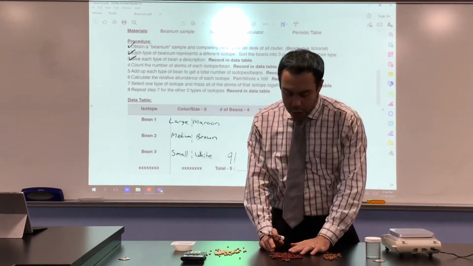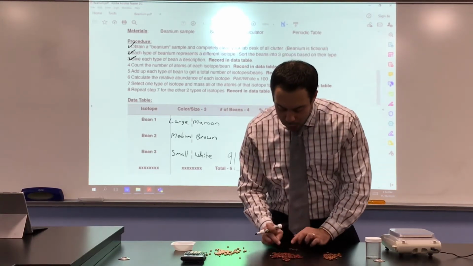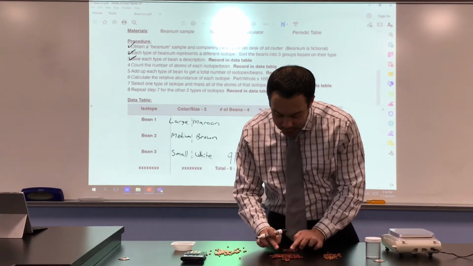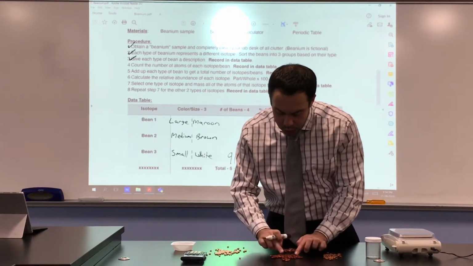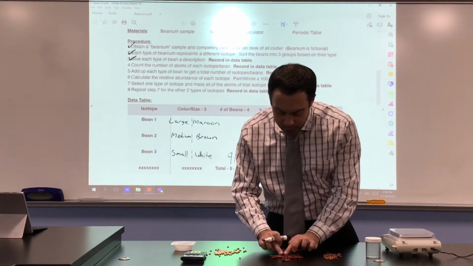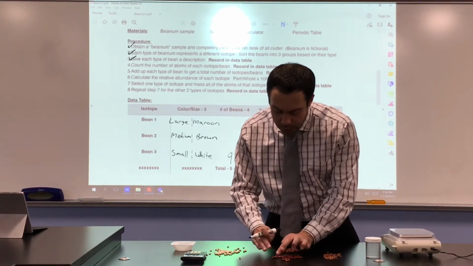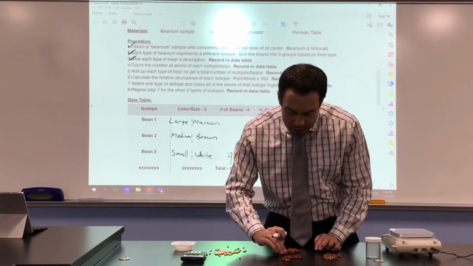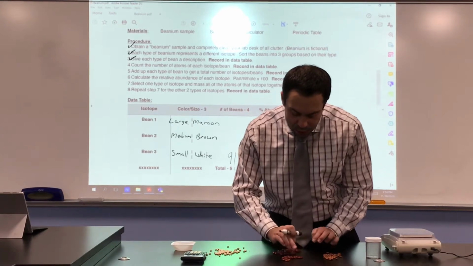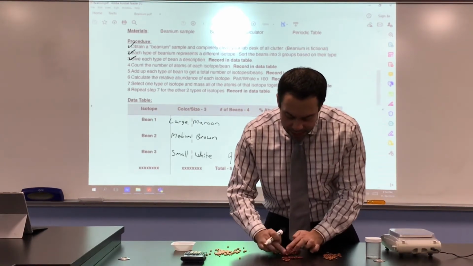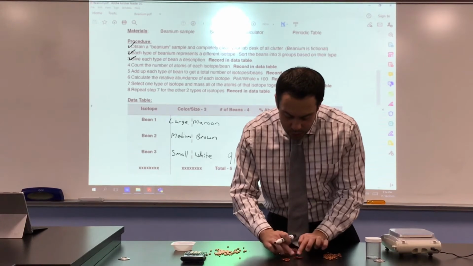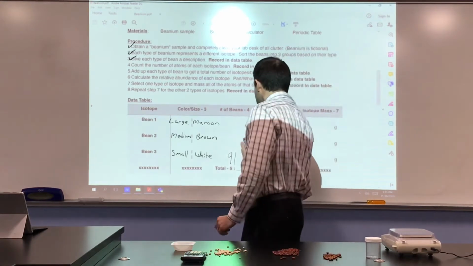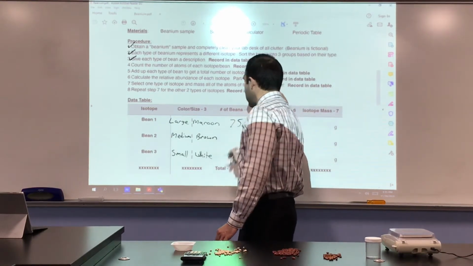For the large maroon, counting by twos, 2, 4, 6, 8, up to 74, 75. 75 large maroon.